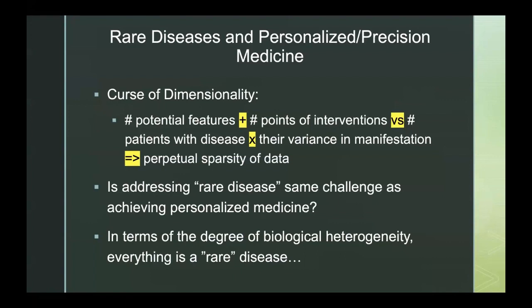Because of the curse of dimensionality, when we're looking at the number of potential features and potential interventions for a particular disease process versus the number of patients that actually manifest that particular disease and that particular configuration, and the variance across the population, the heterogeneity that's been mentioned in this meeting, that leads to a perpetual sparsity of data because you need 2 to the n number of features to be able to partition between one group versus another, right? So addressing the challenge of a rare disease is similar to trying to achieve the goals of personalized precision medicine.